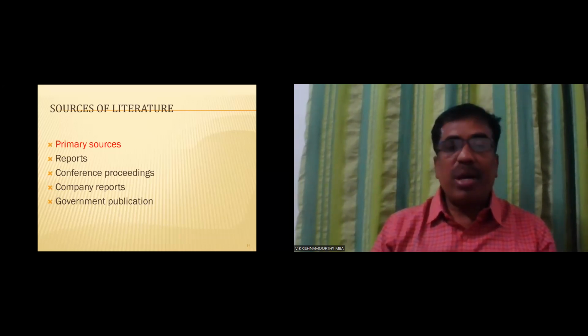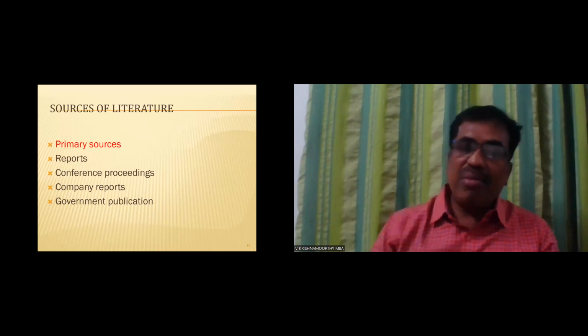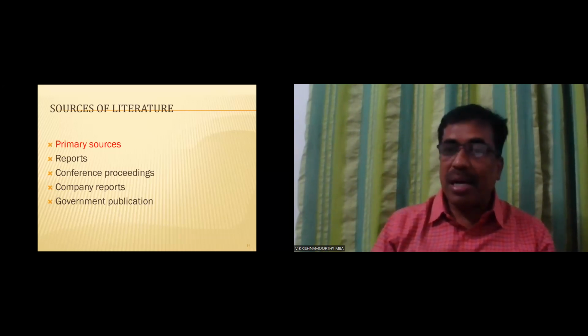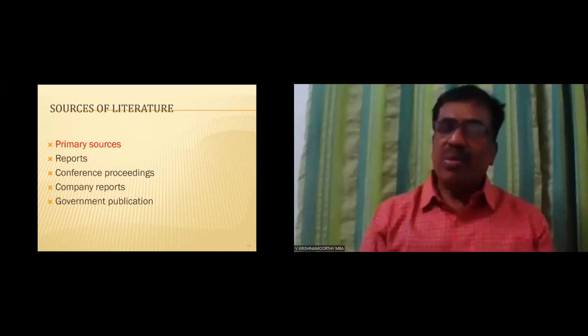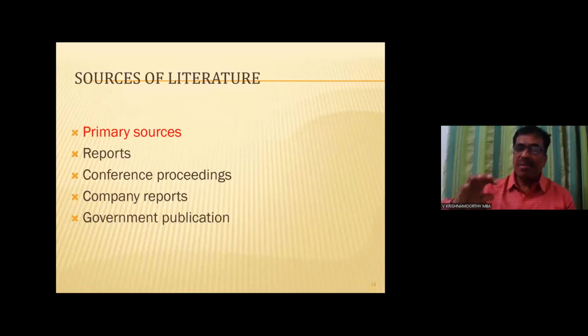reports. Similarly, you can also collect a review of literature from conference proceedings. Conference proceedings here means the popular conference proceedings, for example, AAP conference proceedings, IEEE conference proceedings. They have some standards. Similarly, company reports.